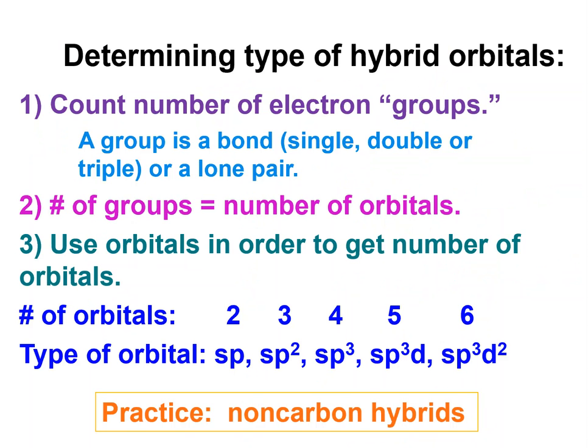So how do we take our Lewis dot structures and decide what kind of hybrid orbitals it has? You do your Lewis dot structure and you count the number of electron groups again. Then the number of groups is equal to the number of orbitals, and I'm talking about the hybrid orbitals.